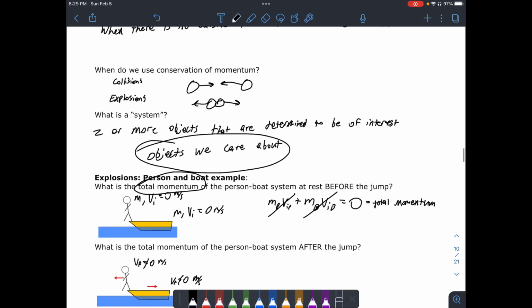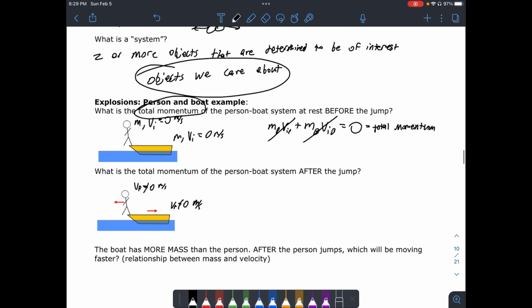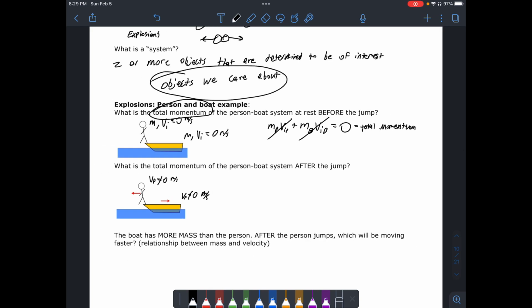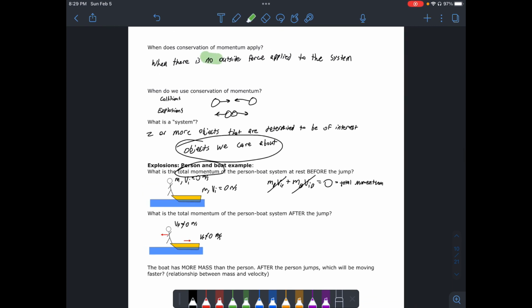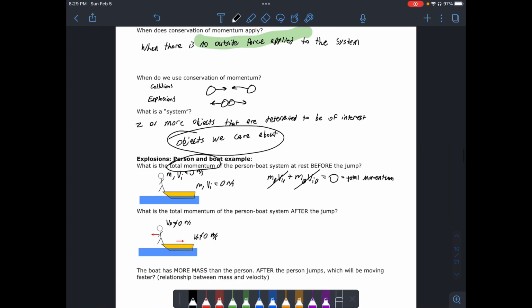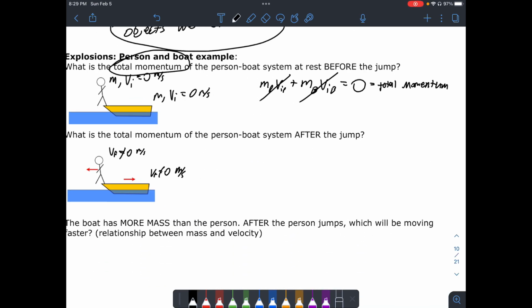Now, because in our person-boat system there's nothing else going on, we know that there is no outside force being applied. And because of that, we know that we can apply conservation of momentum. And we know that the total momentum has to equal 0 after the jump.